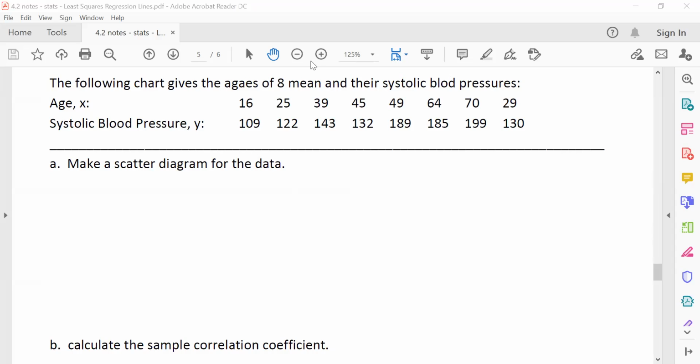So we're going to do a couple things. The first thing we're going to do, we're going to make a scatter plot. I got all kinds of plans for this one.